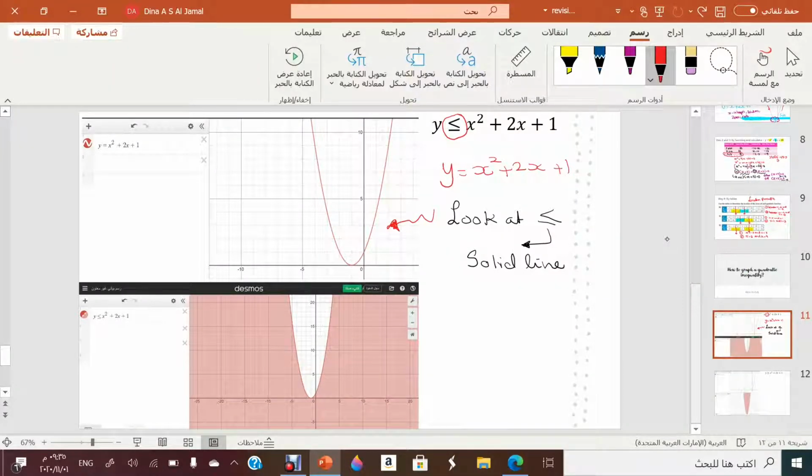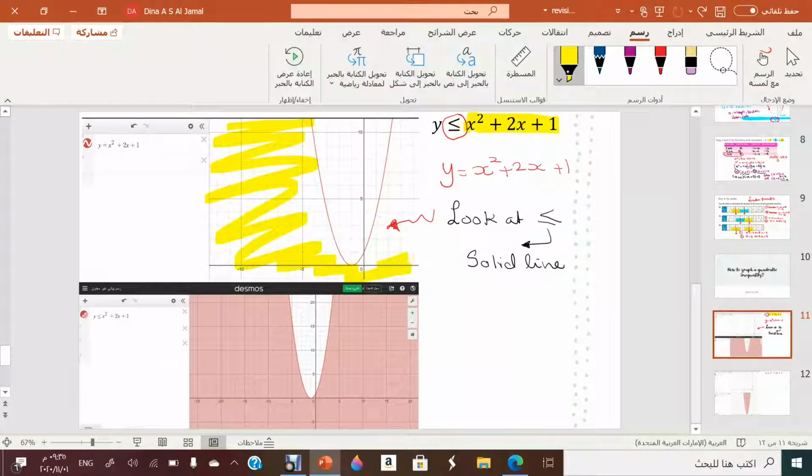So shading, what do I mean by y is less than or equal to this quadratic? That means you need to shade below this line.